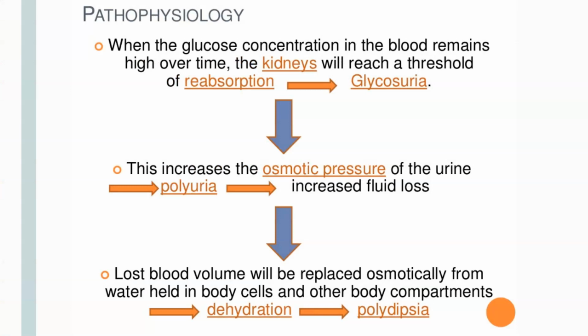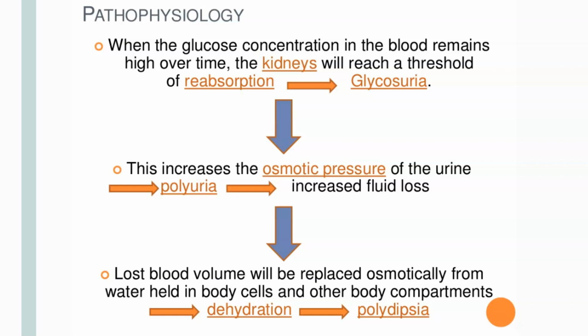And when the glucose concentration in the blood remains high over time, kasi nga, yes, there might be instances na hyperglycemic episode one time and then normal ulit, tapos ganun. But for instances such as patients who have your DM type 2, where it is chronic, where it is asymptomatic initially, but, since you did not do something about that, and you have not changed your lifestyle and your diet, so, nag-accumulate yung sugar level mo in very high values.